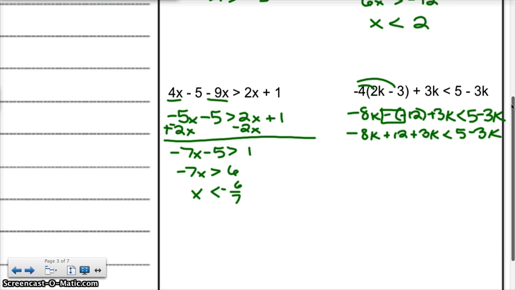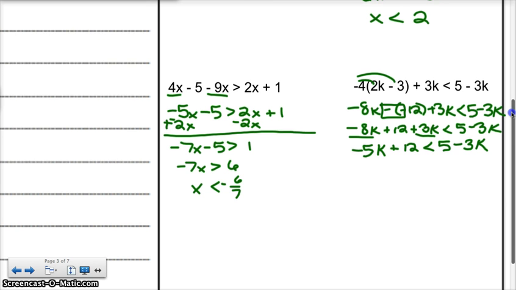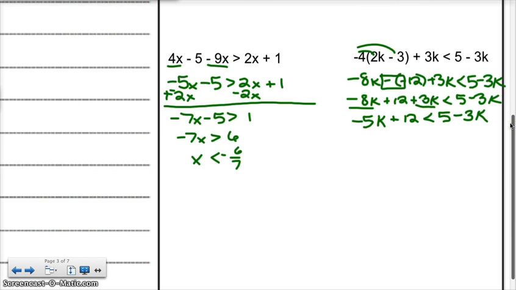All right, now I'm on that step 2, combine like terms. Don't do the opposite, so that's going to be negative 8 plus 3 is negative 5. Negative 5k plus 12 is less than 5 minus 3k. That was step 2. Don't do the opposite. Step 3, move my k to one side.